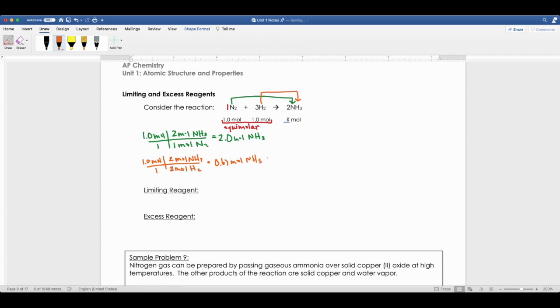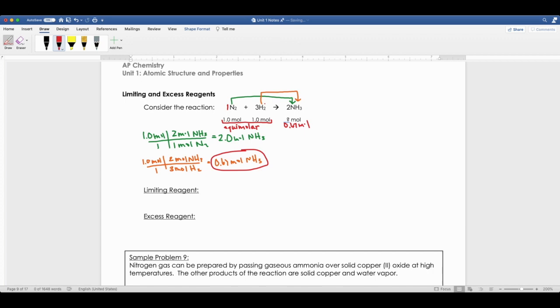So in this case, one of these equimolar amounts is going to produce less of that final product. The amount of product that would be formed is the one that produces less. So this reaction would produce 0.67 moles. And that's because your hydrogen is my limiting reagent.